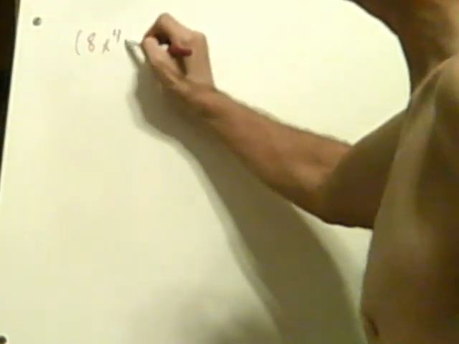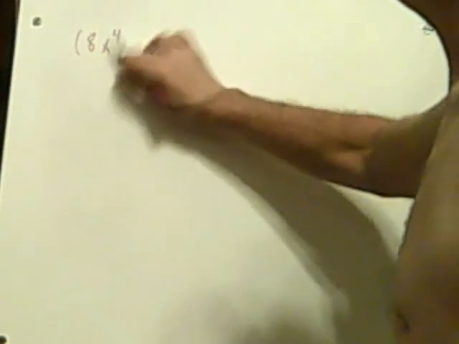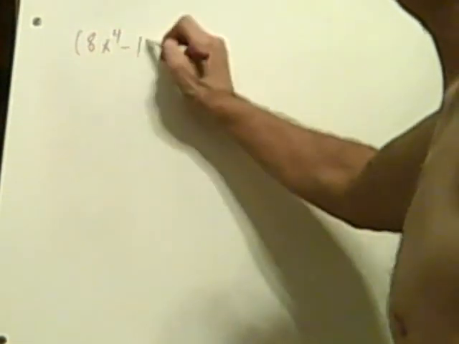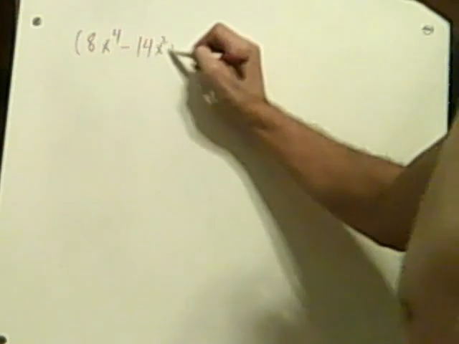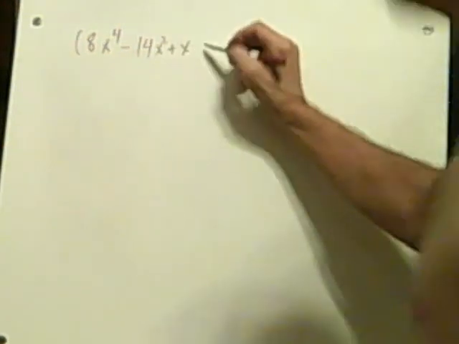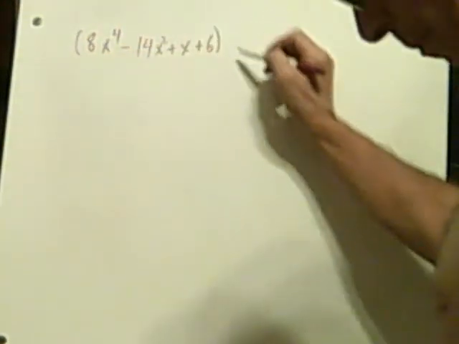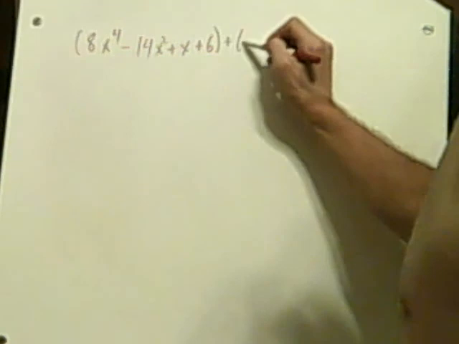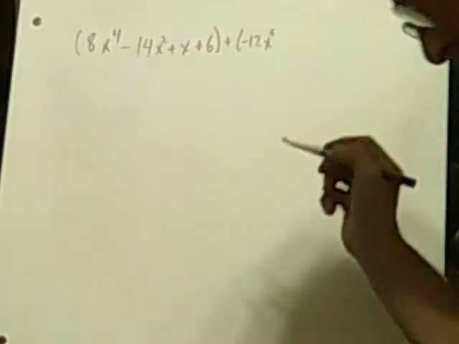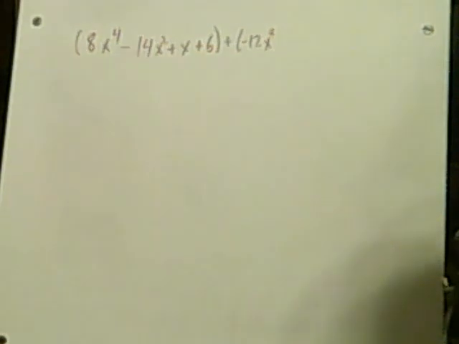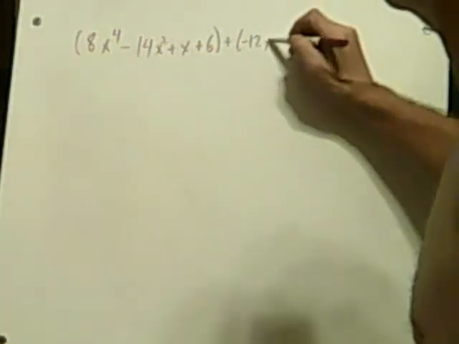8x to the 4th minus 14x squared plus x plus 6 plus negative 12x to the 6th, hold on, 6. Couldn't see that very good.